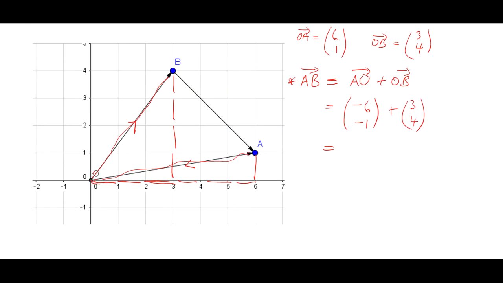So minus 6 plus 3 will give me minus 3, and minus 1 plus 4 will give me 3, right? So I got minus 3, 3 as a vector AB. I can easily check this on the diagram as well. I start at A, I move 1, 2, 3 to the left, so therefore it's minus 3. And then I move 1, 2, 3 up, so it's plus 3.